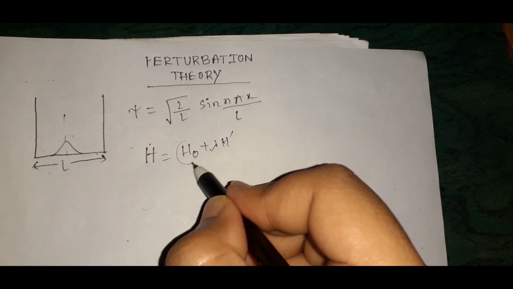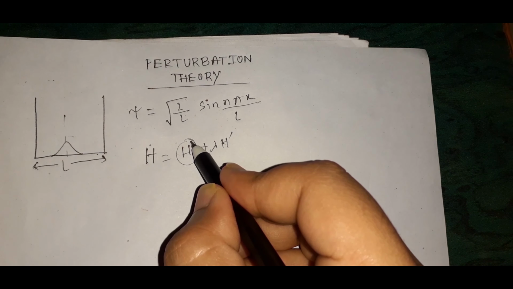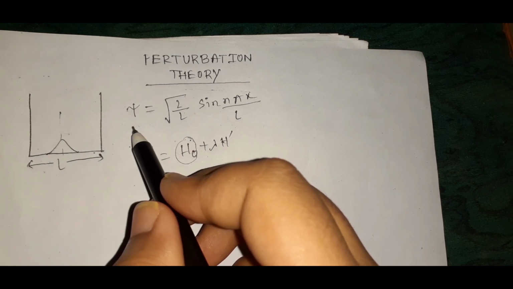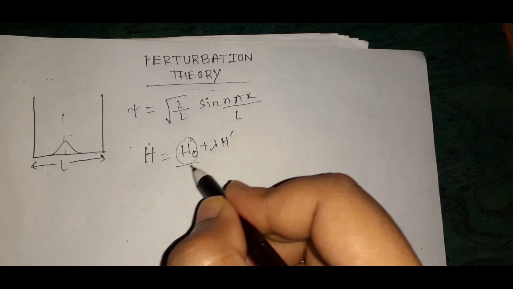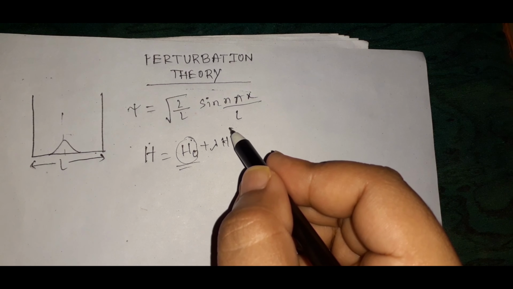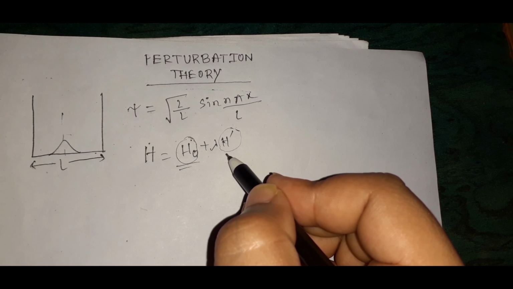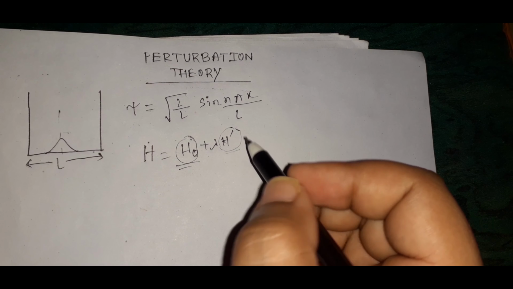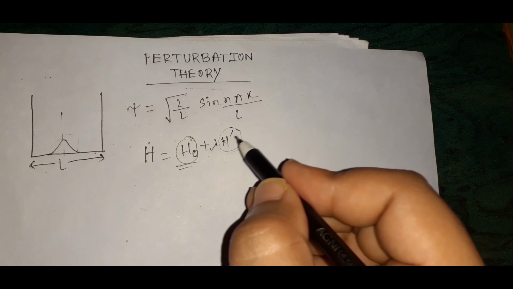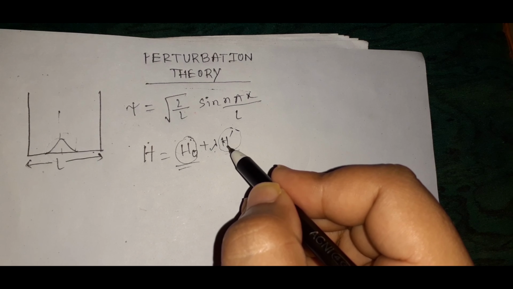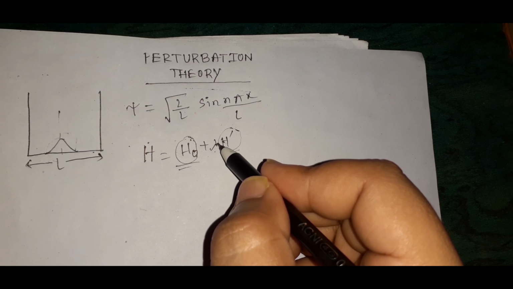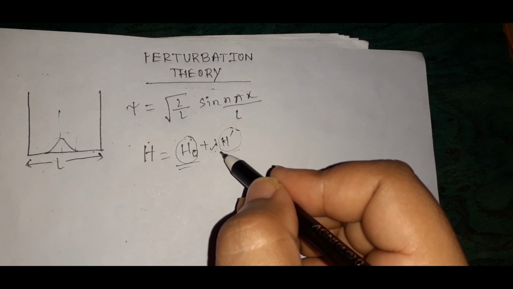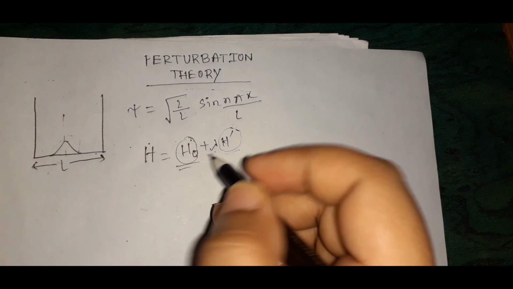H naught is the Hamiltonian of, let's say, this infinite well potential. We know this Hamiltonian, and H prime is the perturbation part, and lambda is a correction factor, where later we will use 1 instead of lambda. We are going to put lambda equal to 1 to solve further.